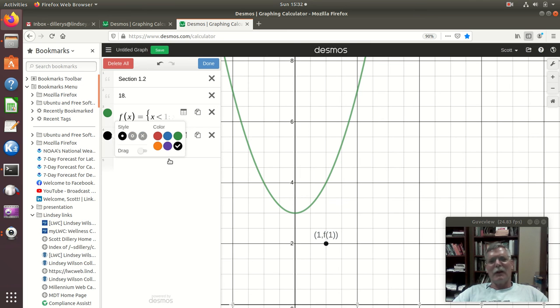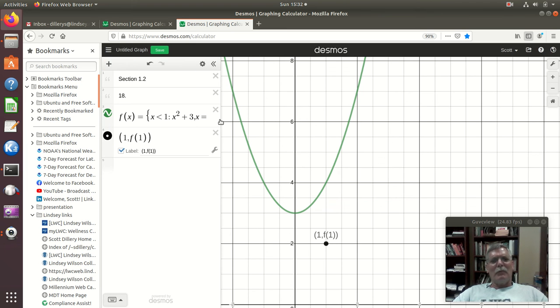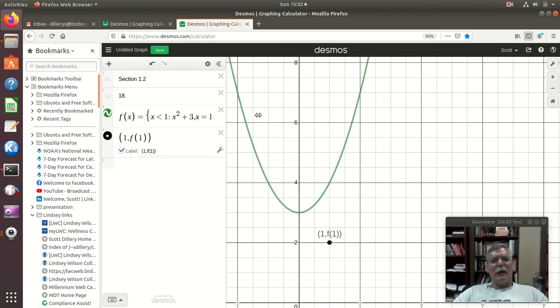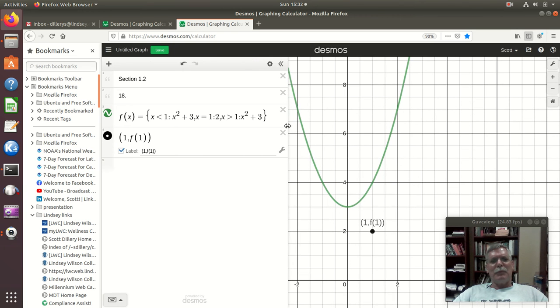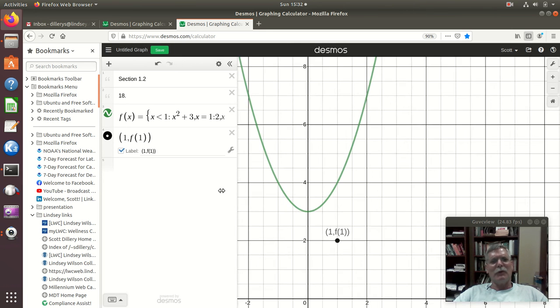It does everything in the same color, but now I can see it a bit better. I was able to put that piecewise defined function in here, and with a little bit of extra work, get it to look more or less the way it's supposed to.